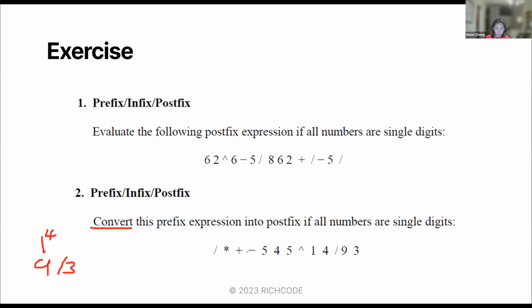So 1 to the power of 4, and then we have a 5, a 4, another 5, and then a minus. So these top two become 5 minus 4. And then we get a plus, so that becomes 5 minus 4 plus 5.